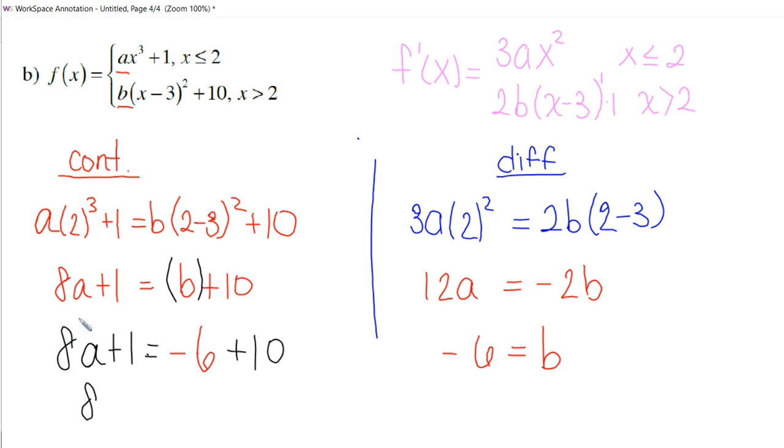This is going to give us 8a plus 1 equal 4. 8a equals 3. So a equals 3 over 8. Alright, I hope this helped.